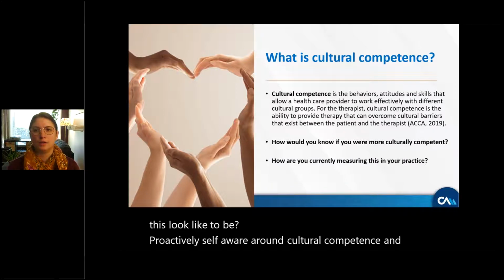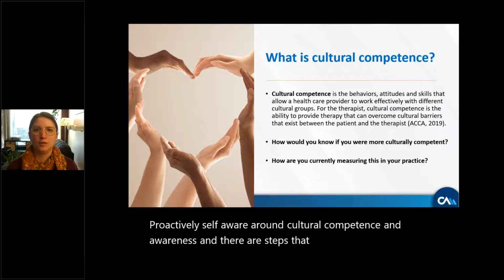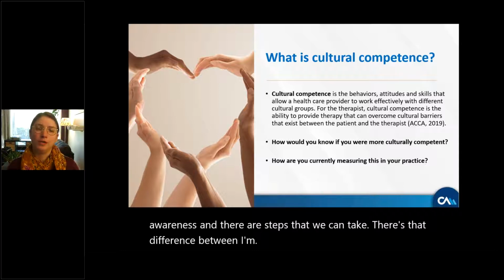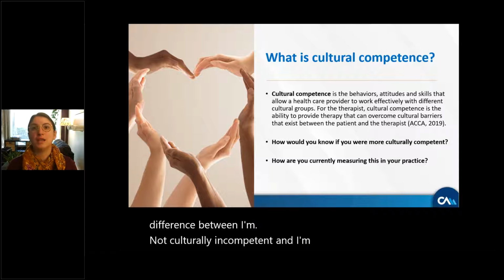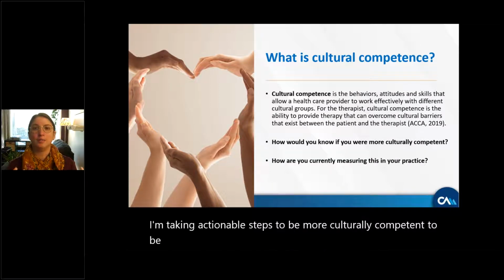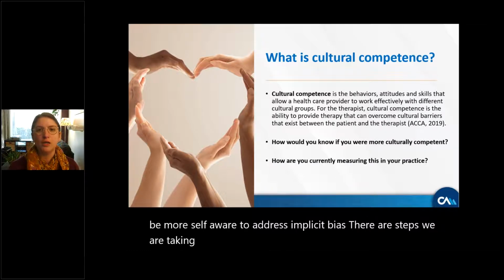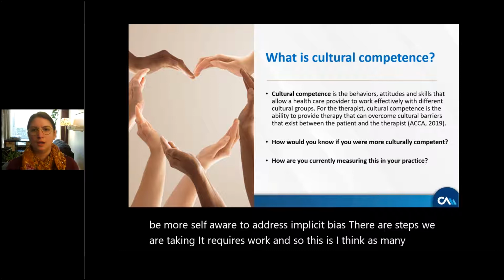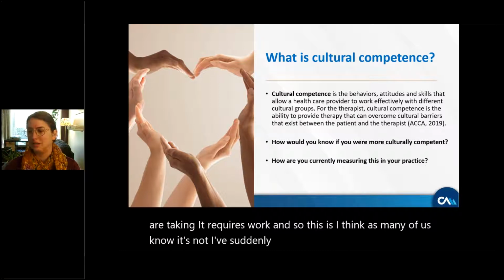And there are steps that we can take. There's a difference between saying I'm not culturally incompetent and saying I'm taking actionable steps to be more culturally competent, to be more self-aware, to address implicit bias. It requires work. As many of us know, it's not that I've suddenly hit cultural competence and now I'm done.